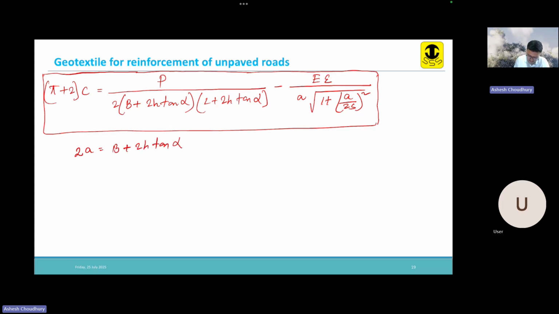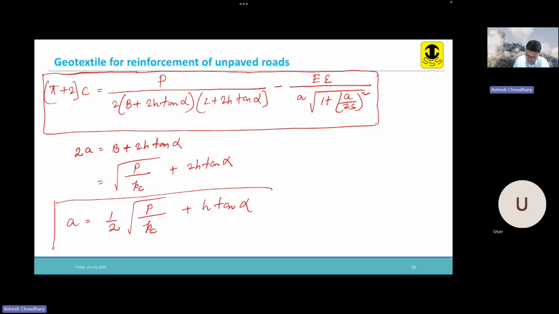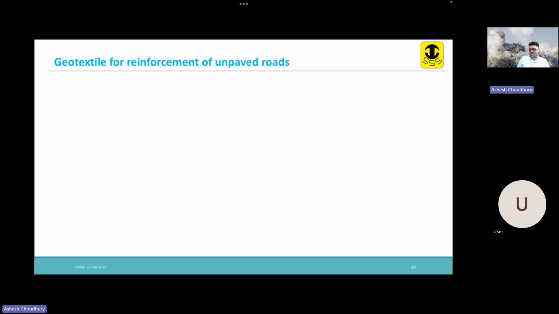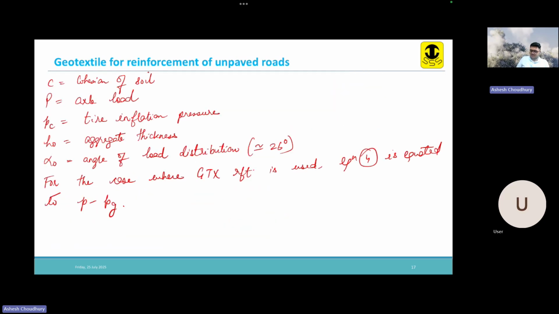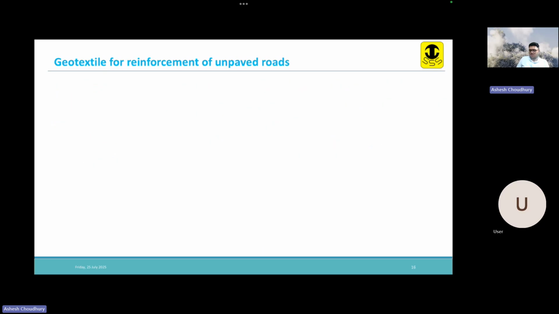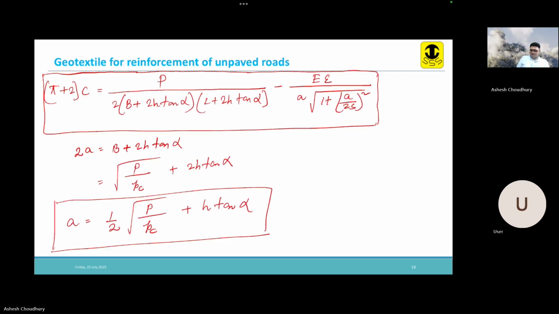Then alpha can be written as P by C plus 2ic. Then alpha the B can be written like this, over P by PC. So we have A as half by C plus H. Okay, this is capital P, axle load. So these three equations you have to remember. These three equations which I boxed, this and this. These three equations are very important to us. Okay.